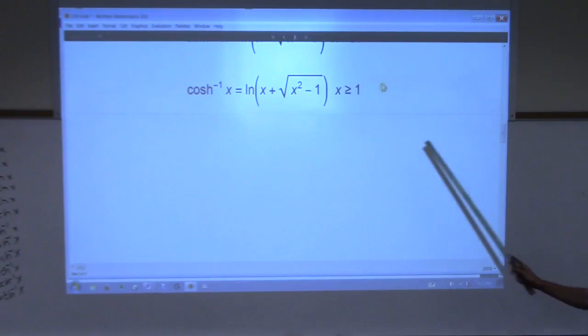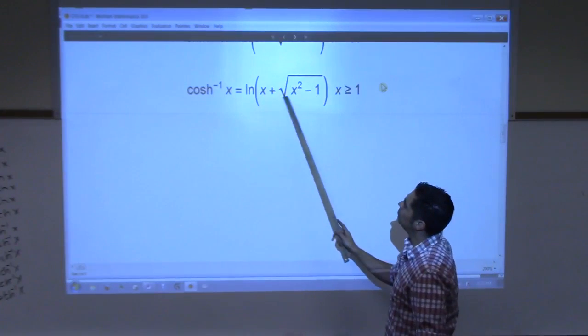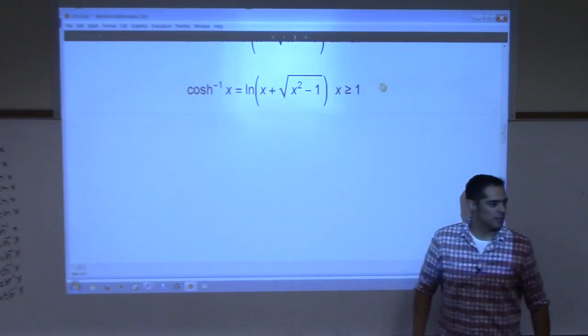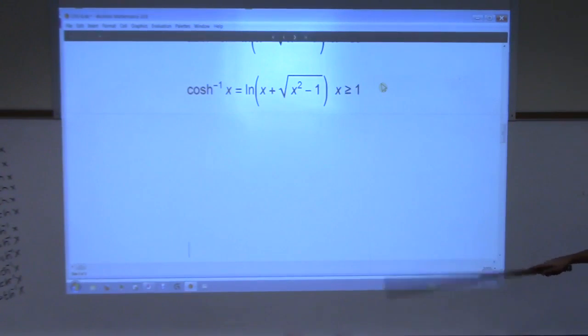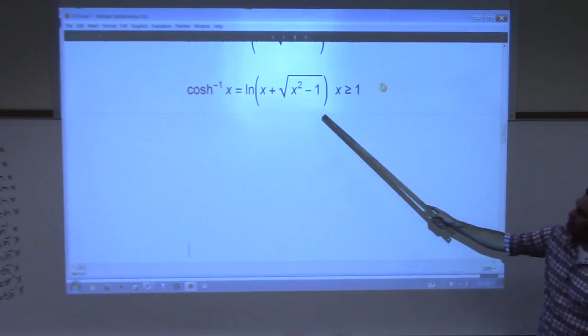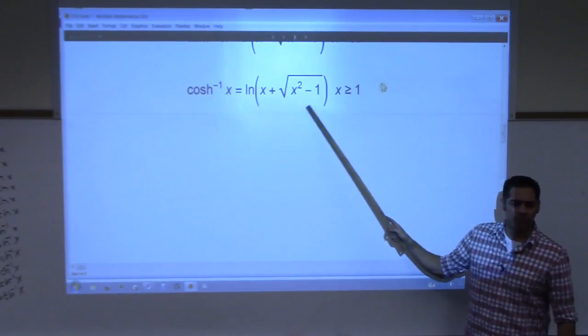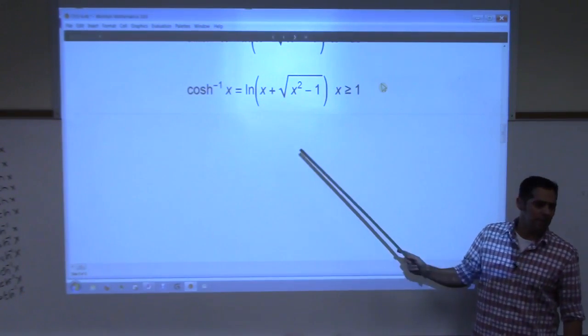How do you think they came about this formula? Same way I just did that other one, right? But they did it for cosine instead. So if we're asked to show that the derivative of that is this, all I have to do is take the derivative of this, right? So I'm just going to take the derivative.